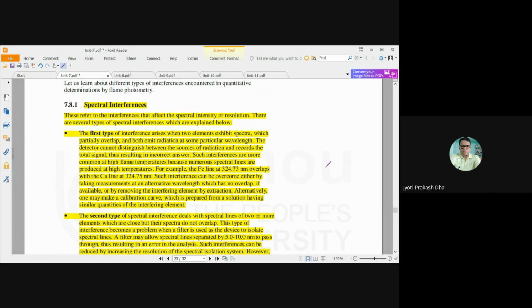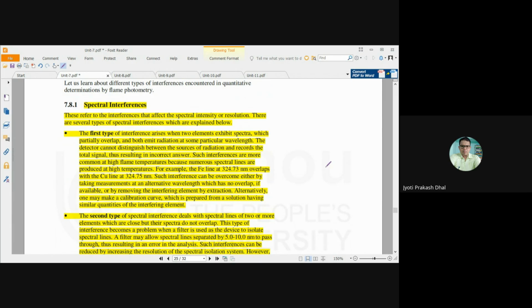Some interferences are more common at high flame temperature because numerous spectral lines are produced at high temperature. For example, the iron line at 324.73 nanometer overlaps with the copper line at 324.75 nanometer.